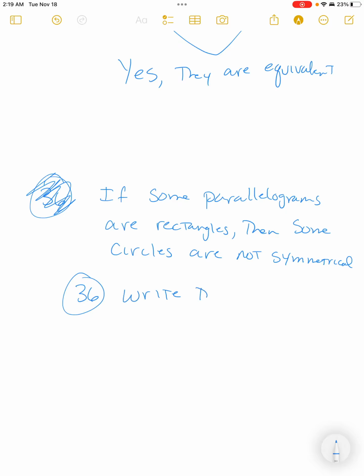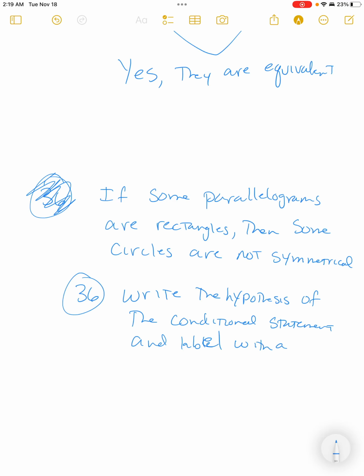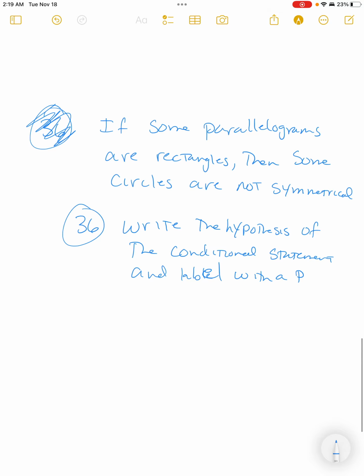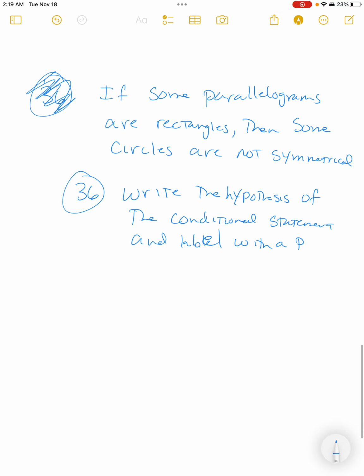So here's what happens in 36. 36 says, write the hypothesis of the conditional statement, and this matches the ones that are before it, and label it with the P, and determine its truth value.